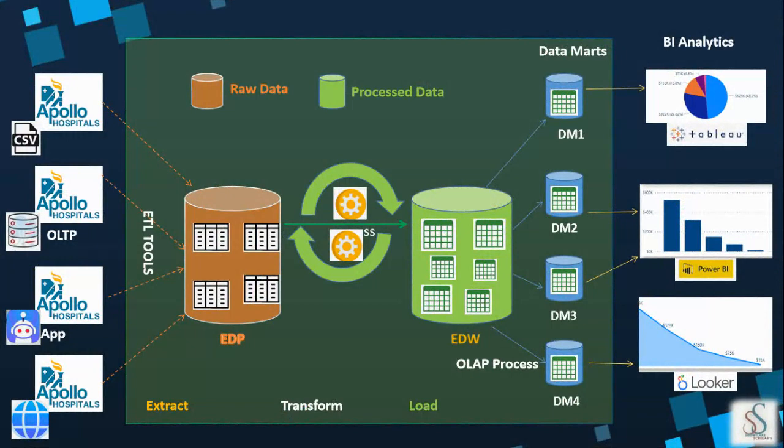The entire data you are putting in a single location, that is the enterprise database platform, EDP. Now you have all the raw data in a single storage location, and you will use this raw data to transform it. You will transform the raw data, and once it is processed, you will load it into the data warehouse. And if you look at EDP, you have four tables.